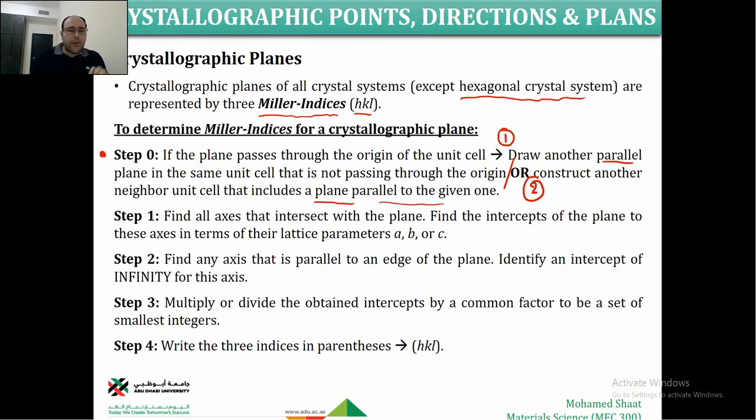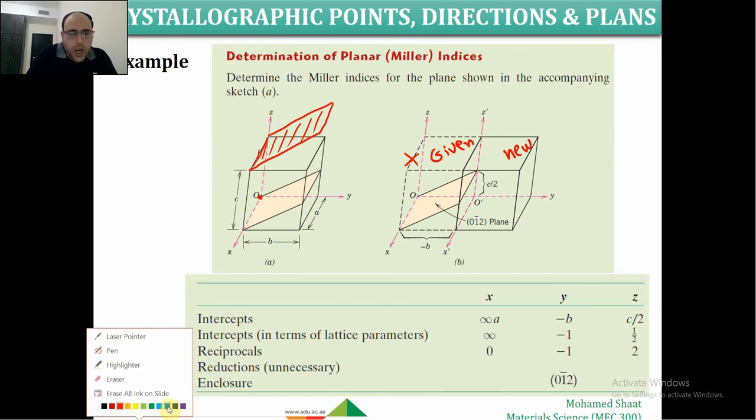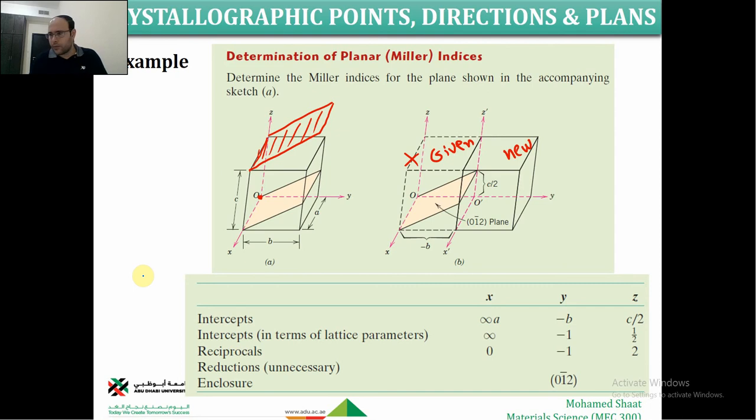I'm going to give you a very shortcut way to fix this issue or apply this step right away. Instead of drawing a new plane or constructing a new unit cell, which would be complicated for some of you, the easiest approach is simply to move the origin.